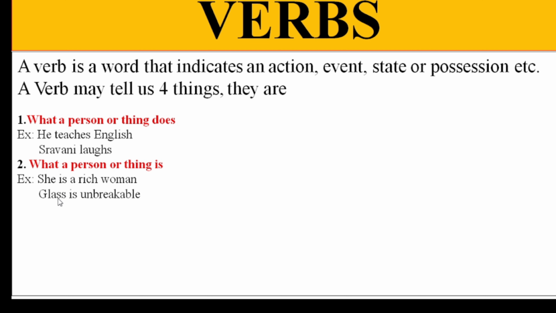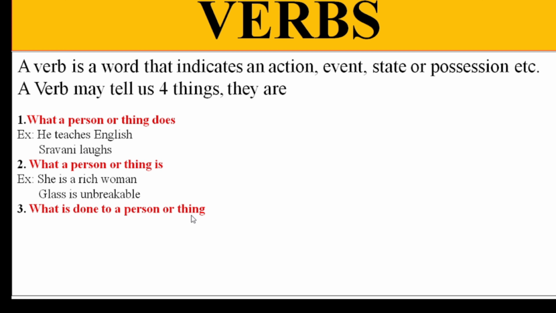Now, glass is unbreakable. So this is what kind of thing it is. In the first sentence we understand what kind of woman she is, and in the second sentence what kind of glass it is.